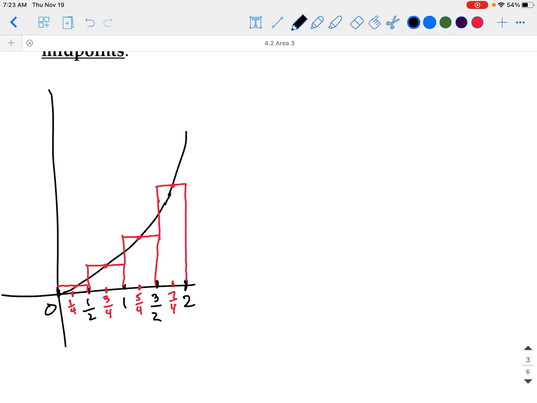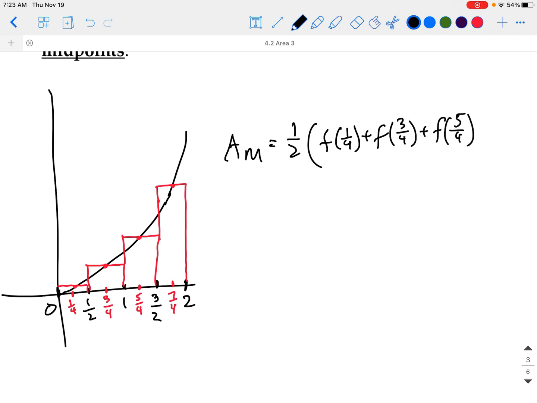So we've got A sub M is going to equal delta x, which is 1/2, and then we'll have f of 1/4 plus f of 3/4 plus f of 5/4 plus f of 7/4.